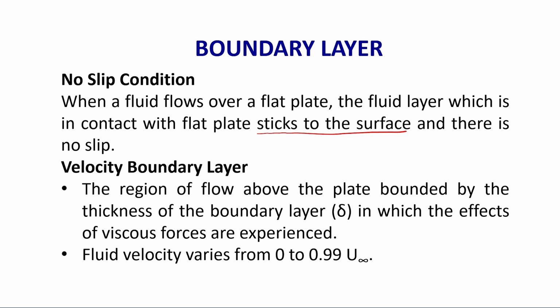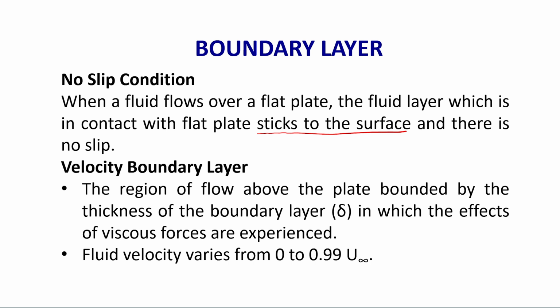And the velocity boundary layer is the region of flow above the plate, in the direction normal to the flow. Flow is like this, and the direction normal to the flow is like this. Above the plate, bounded by the thickness of the boundary layer, the effects of viscous force, that is tau equal to mu into du by dy, are experienced.